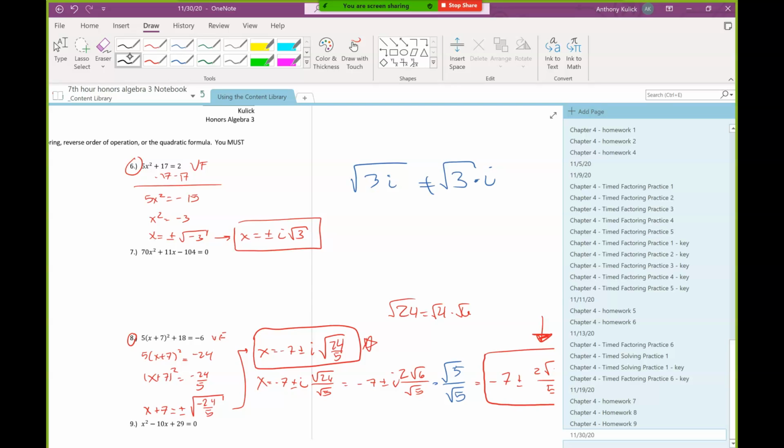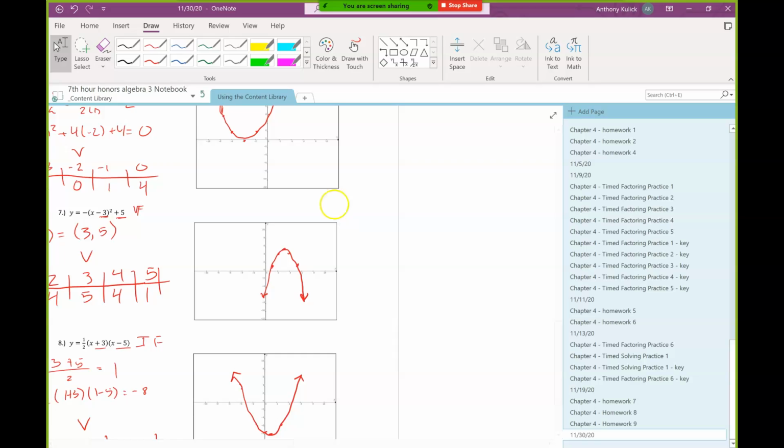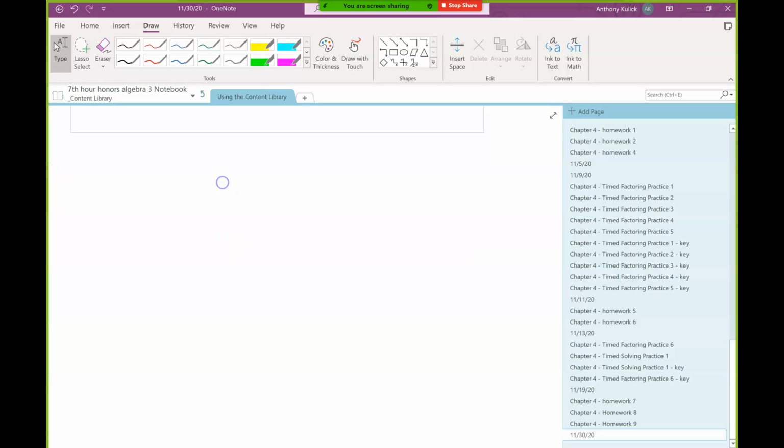Okay, then. Very good. The plan for today, we have one last topic to talk about in this chapter, and that is modeling.